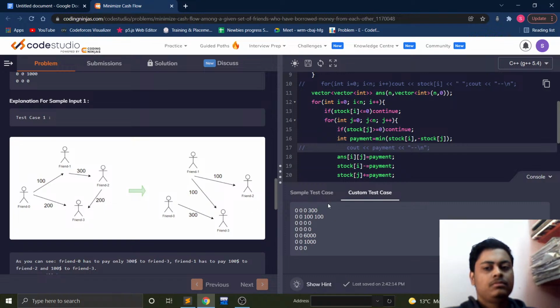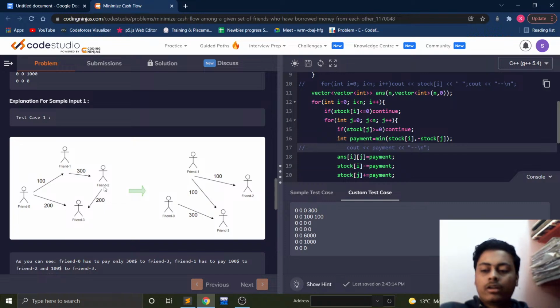Fine. Friend 1 will give to friend 2 and 3 100 each for 400. 0 will give to 3.